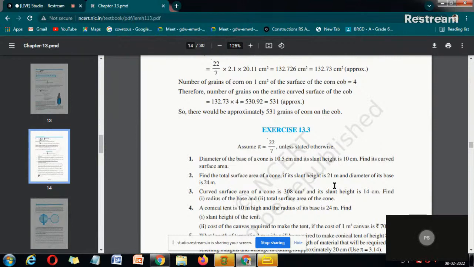So let's solve this. 100 plus 24 into 24. 576 plus 100, 676. So slant height is root 676.